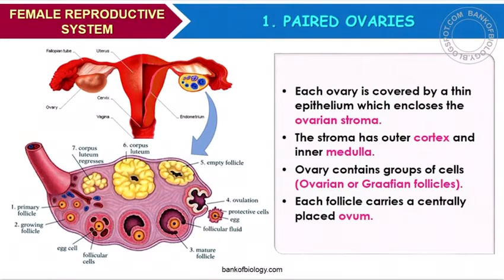Here you can see the entire ovary is covered with outside layers, and inside you can see the formation of various follicles. You can see primary follicles.